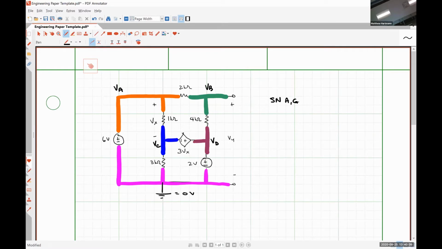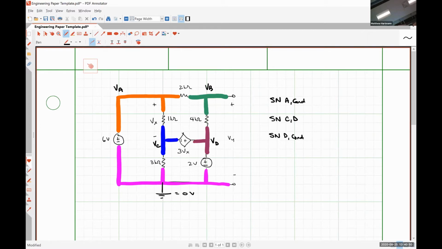So that's between node A and ground, because there is a 6-volt source placed between nodes A and ground. Similarly, we're going to have a supernode CD, because there is a dependent voltage source placed between nodes C and D. And lastly, there is going to be a supernode DG between D and ground. So let me just be clear and call these ground, just because we might reach a point, not today, where we're going to have enough nodes to where there might actually be a node G.